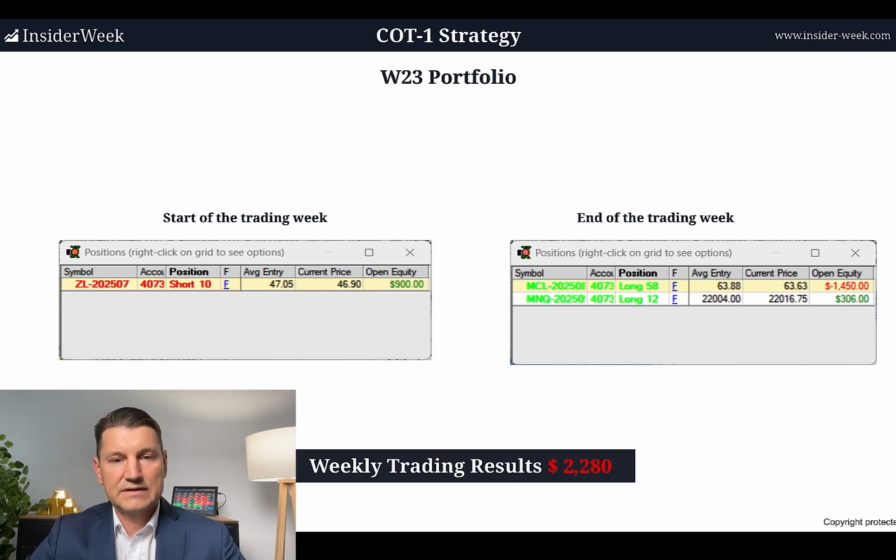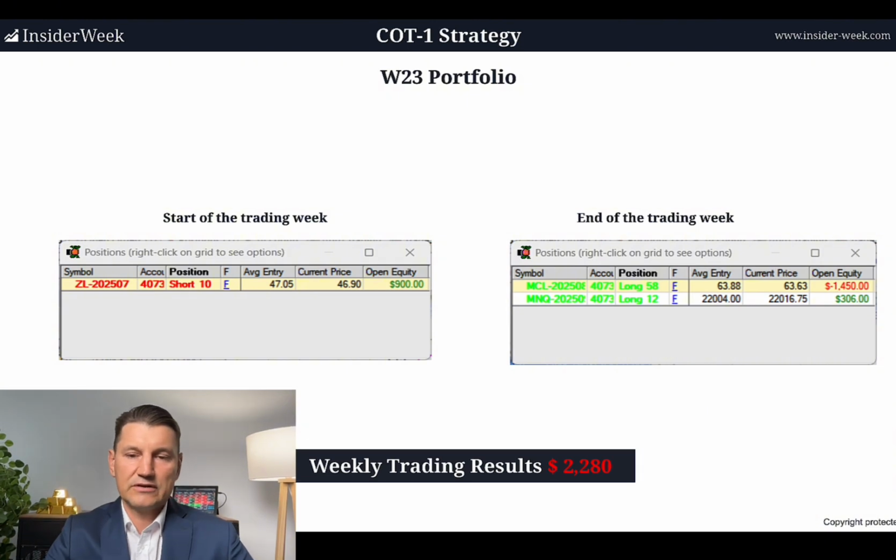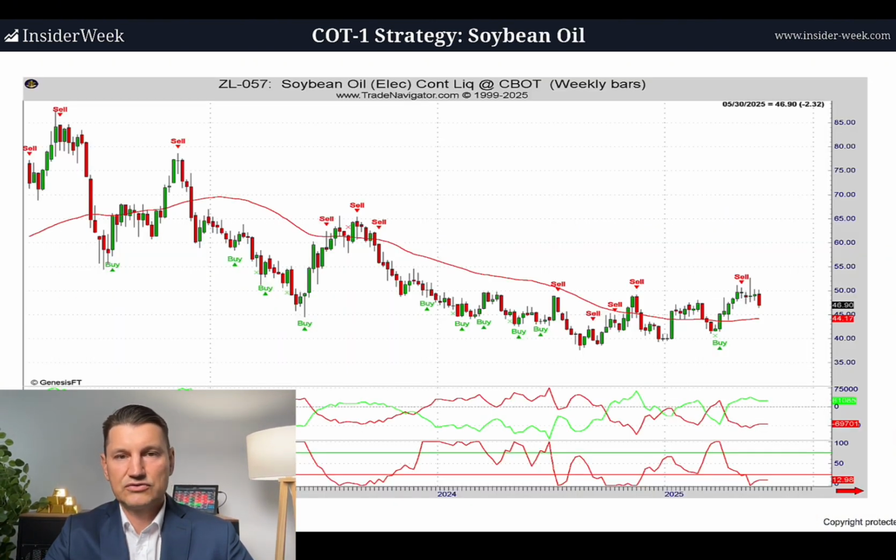As you can see, my position at the beginning of the trading week was a little bit in profit. At the end of the week, I have 2 new positions in my portfolio. I'm in micro crude oil long with 58 contracts and in micro Nasdaq 12 contracts long. So the weekly result is minus 2,280. Let's have a look at the trades.